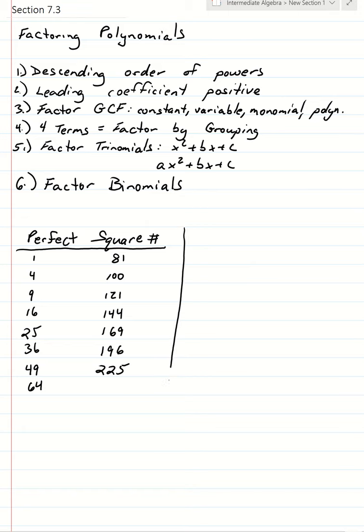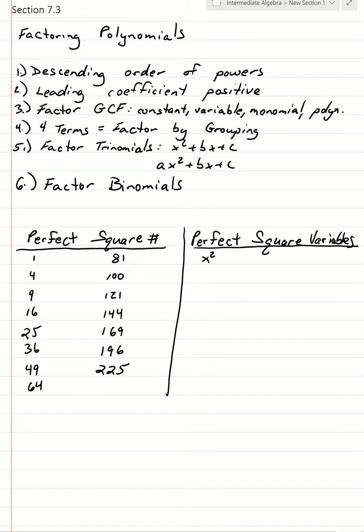We also have perfect square variables. Okay? If a number can be squared to form another number, a variable can also be squared to form another variable. And here is also a list of perfect square variables.